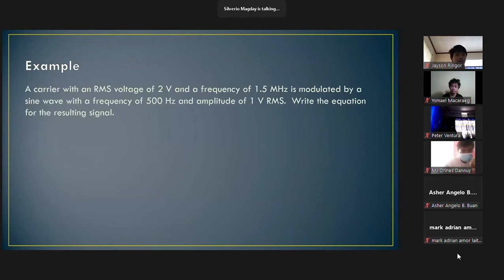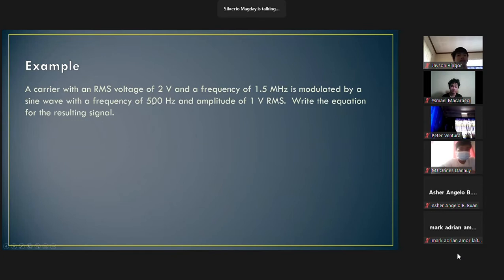Let's do an example. A carrier with an RMS voltage of 2 volts and a frequency of 1.5 megahertz, modulated by a sine wave with the frequency of 500 Hz and amplitude of 1 volt RMS. Write the equation for the resulting signal. This can be a question right away in analog communication, the equation itself of the resulting signal.